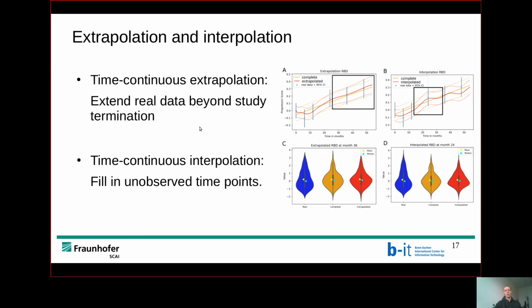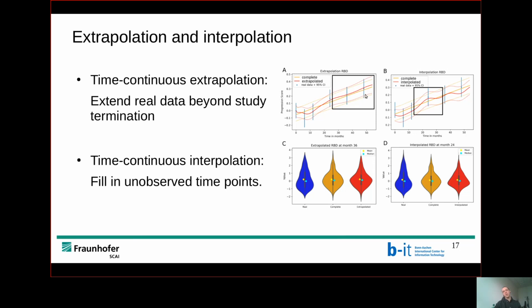Now, to evaluate how well our model is capable of extrapolating and interpolating data points, we have tested 2 scenarios. For the extrapolation, we trained the model only on the first 24 months, and then we tried to extrapolate the remaining time points. So here you see an example of that, where we extrapolated the last 2 visits and then again compared how far the extrapolated data fits with the left out real data.